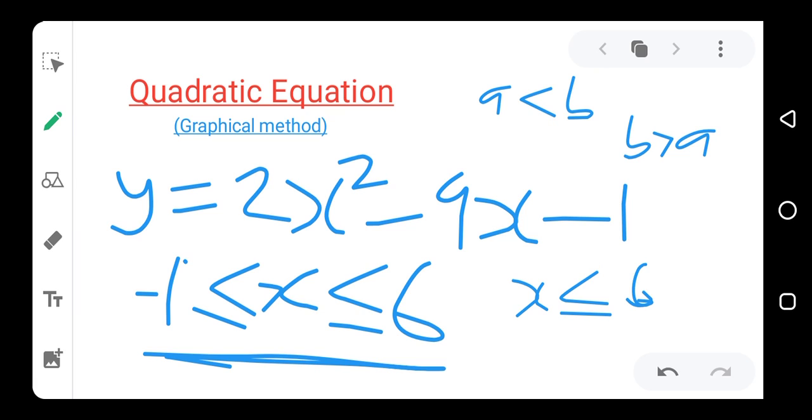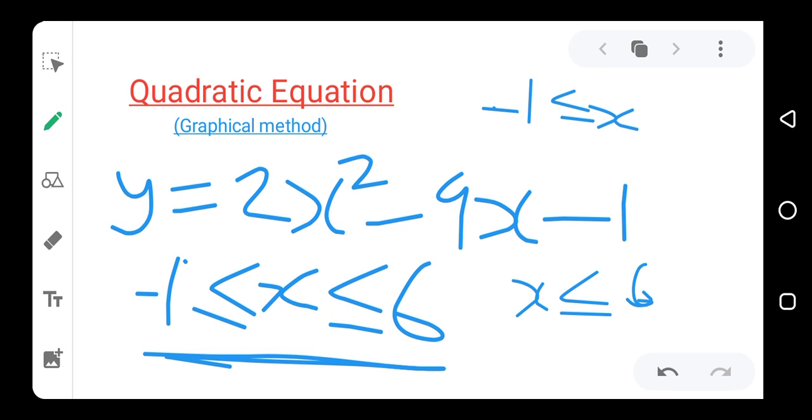Therefore, for this one that we have, minus 1 is less than or equal to x.